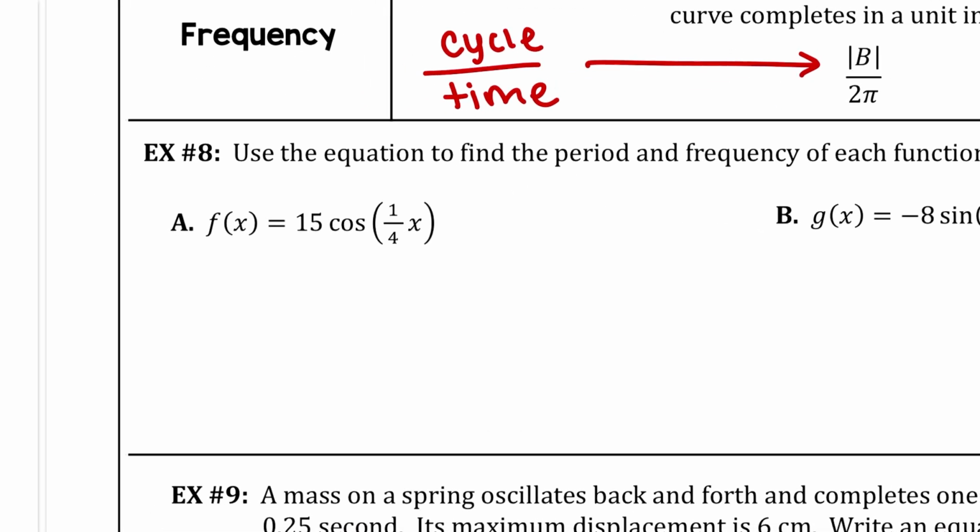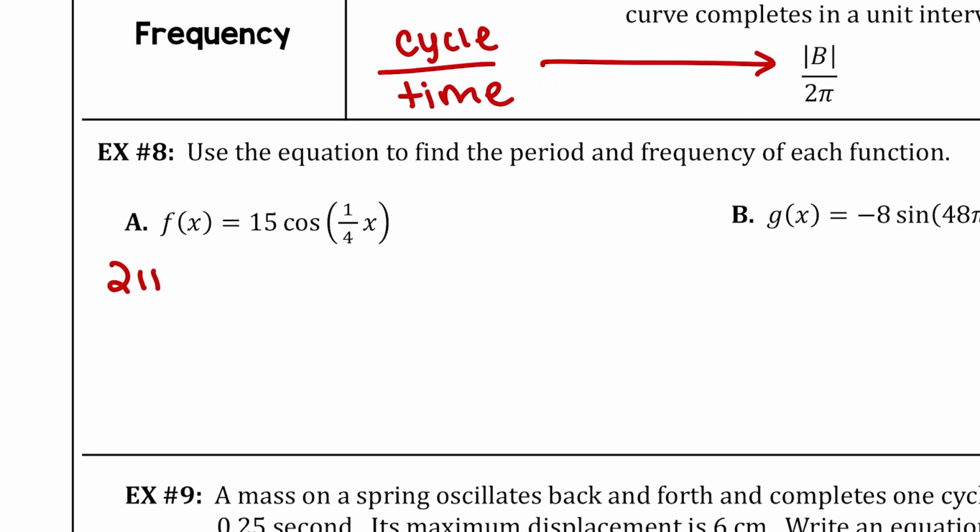So period is our 2 pi over b, which is going to be 2 pi, and our b value is this 1/4 here, so 2 pi divided by 1/4. We're going to have to do our flipping of fractions here, and 2 pi divided by 1/4 is the same thing as 2 pi times 4. So that's 8 pi is our period.